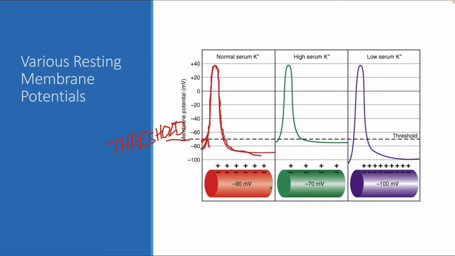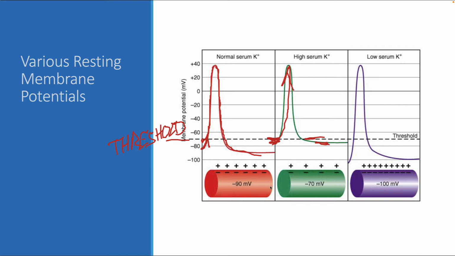When the serum potassium is high, that changes this relationship so that now there's a much smaller difference between the end phase and the threshold. And so it's easier to cause mischief. It's easier for this all or none response to happen because there's less distance between here and here.